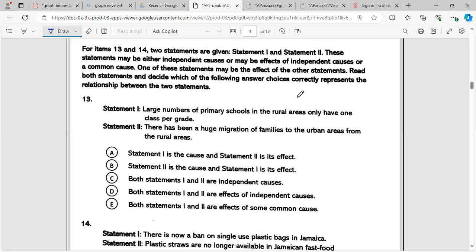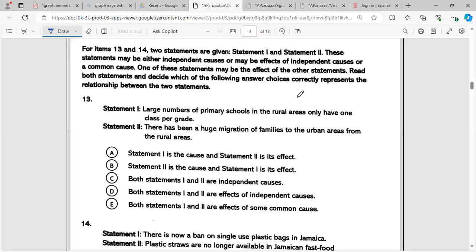Because it says there has been a huge migration of families to the urban areas from the rural areas, and then large numbers of primary schools in the rural areas only have one class per grade. They only have one class per grade because a lot of families, which consist of children, moved to the urban areas from the rural areas. So there's not going to be 2, 3 different classes of the same grade. So I think it's B.